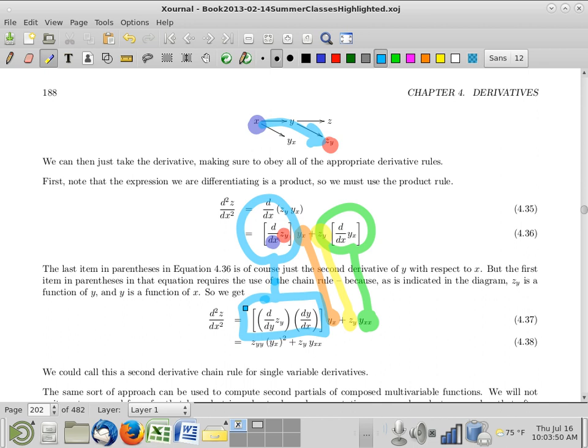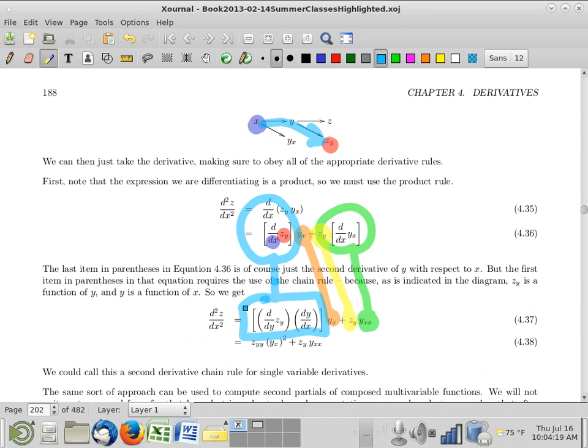The point is that this factor that I'm interested in computing is a derivative of variables that are separated by an intermediate variable. And so that means that we have to use the chain rule. And the chain rule says that the derivative of a composition is just the product of the individual derivatives. And those individual derivatives are these.